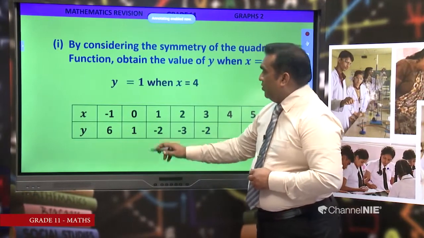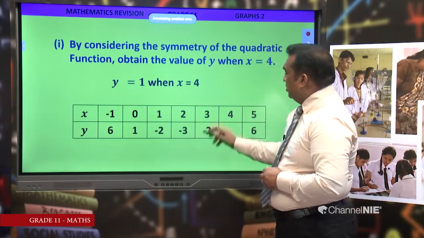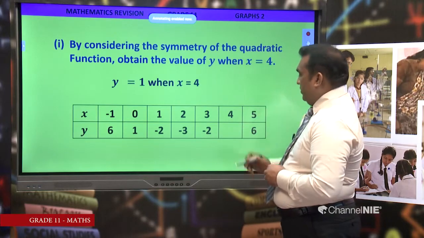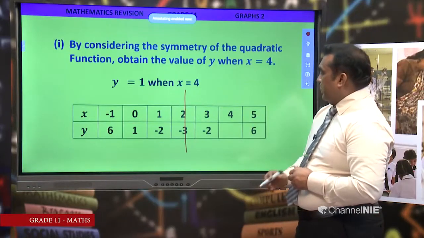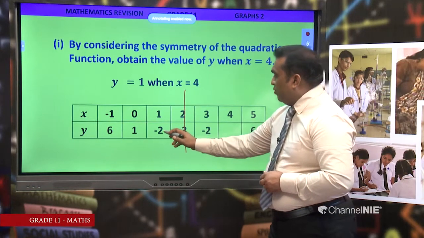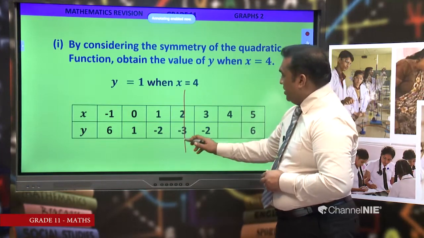-1, 0, 1, 2, 3, 4, 5. There are 7 x values. What is the middle value of x? 7 means the fourth one: 1, 2, 3, 4. Nearby to -3 you have -2, here also -2.